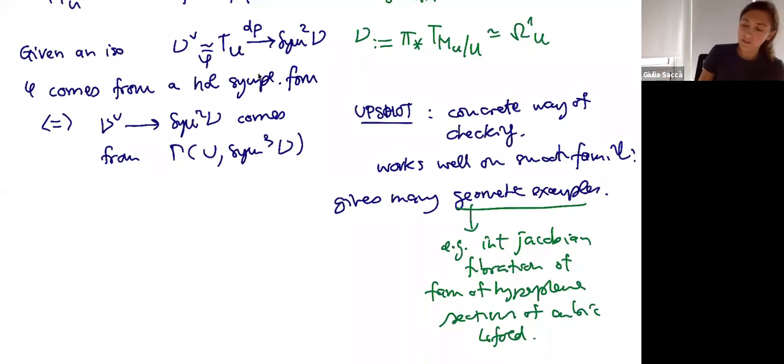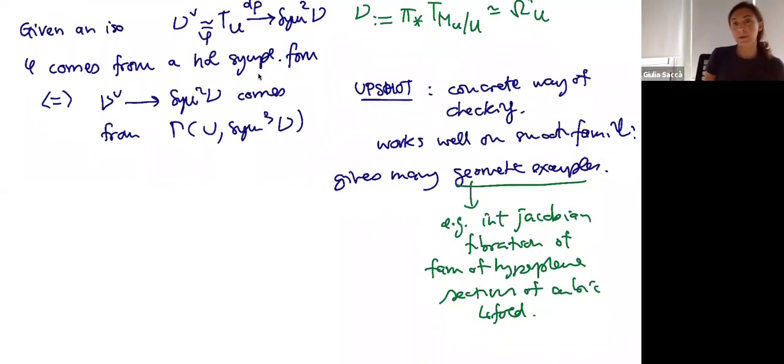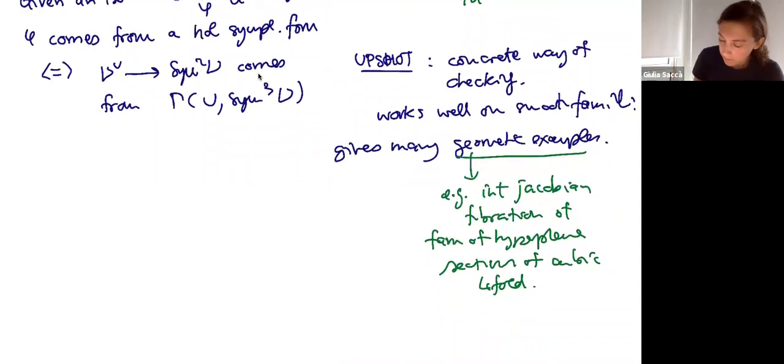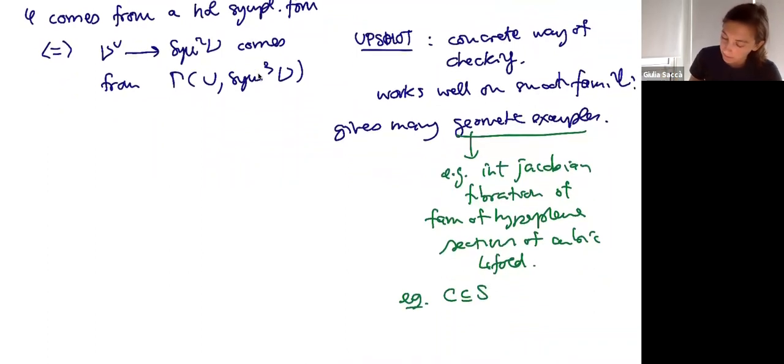Or for example, even the relative Pic 0 of a linear system of curves on a K3 surface. Maybe before that, if C is a K3 surface, and I have the universal family, and then Pic 0.